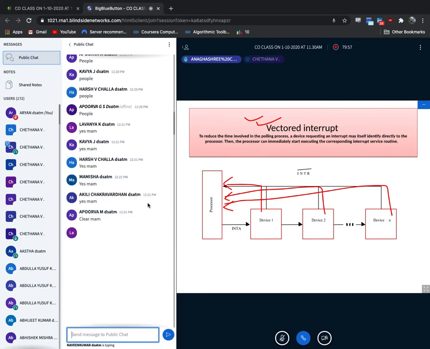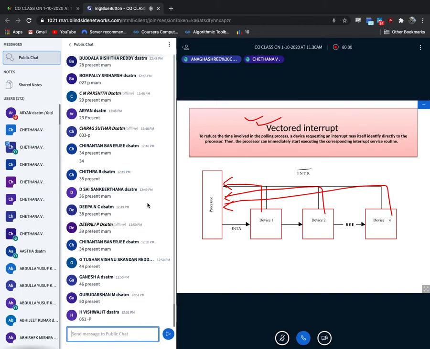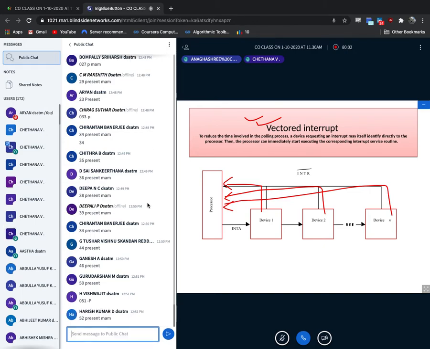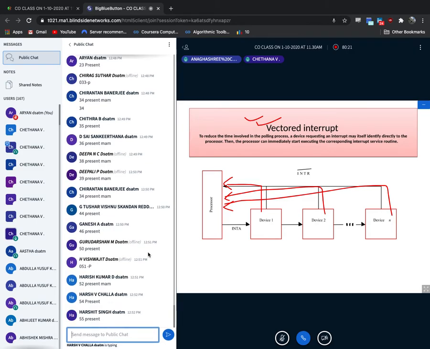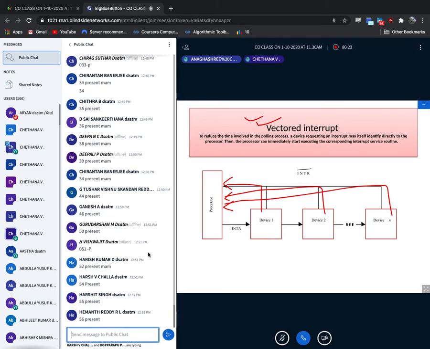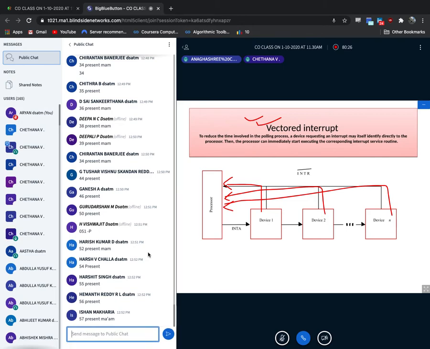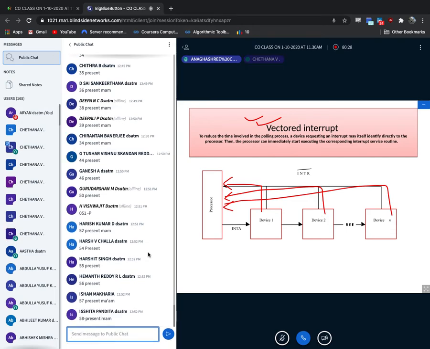Harish Kumar D. Harishwini DC. Harshvi Challa. Harshit Singh. Hemant Reddy. Ishan. Ishita. Manasa Shetty.